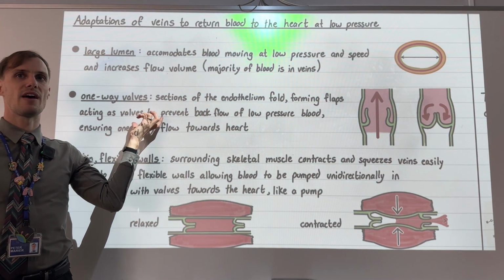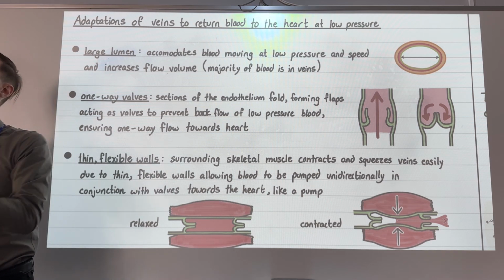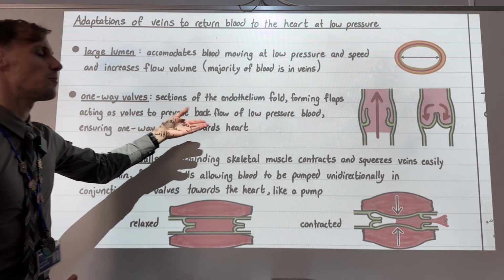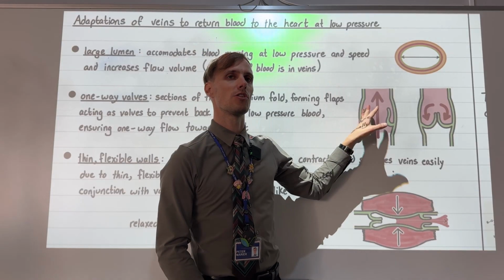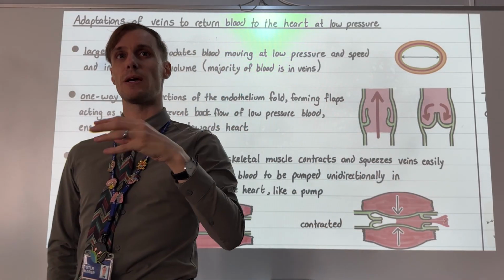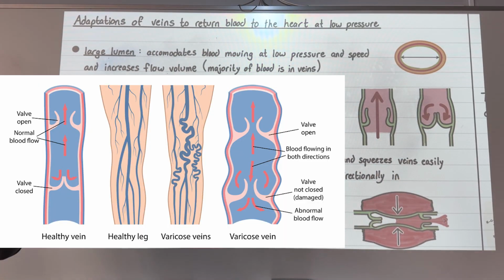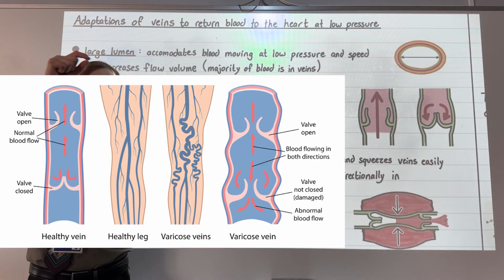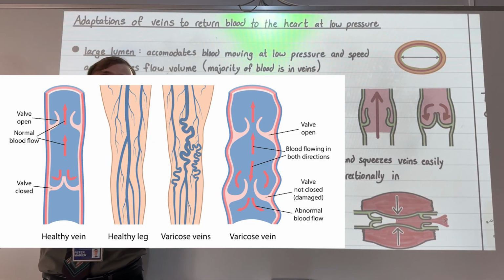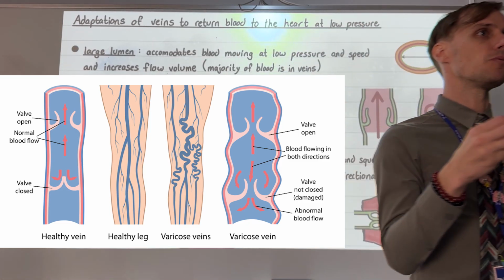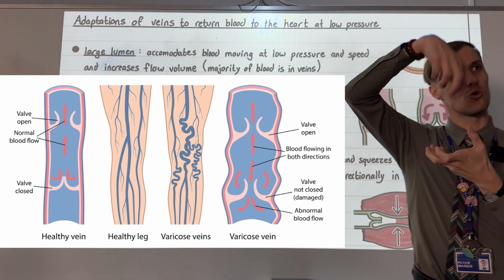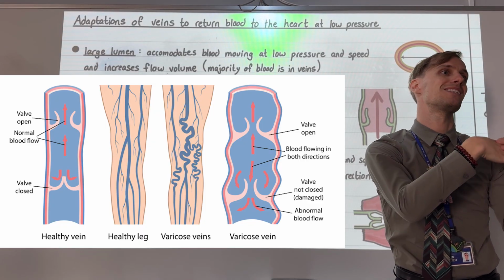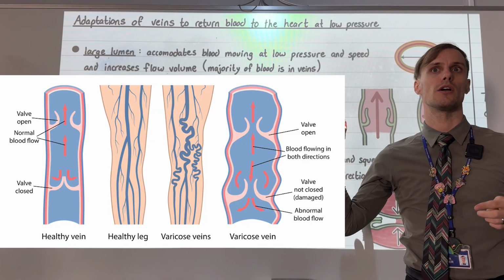This is effectively preventing blood from pooling in certain parts. In fact, you've probably seen what happens to individuals whose valves become faulty. It's called varicose veins. If you've ever seen veins on individuals' legs that look spider-like and all over the place, that's a problem with the valves, causing blood to pool in areas and causing the vessels to become more distended. That's what's going on here.